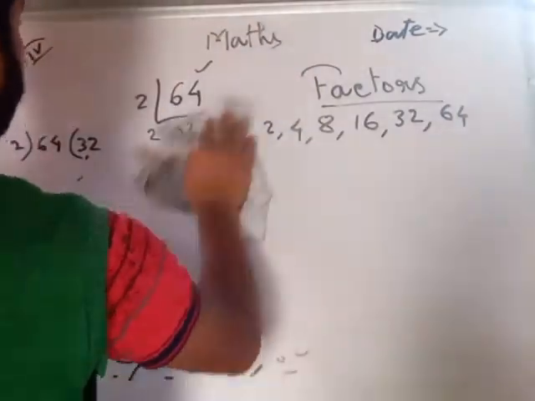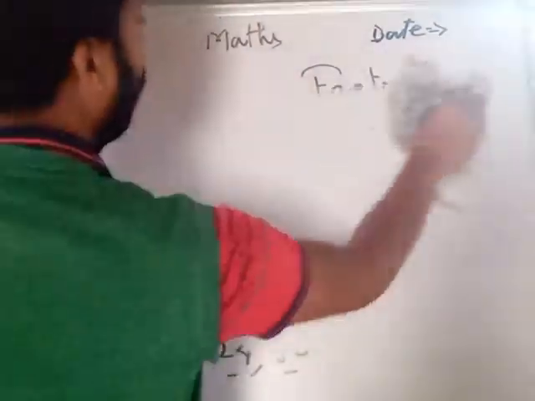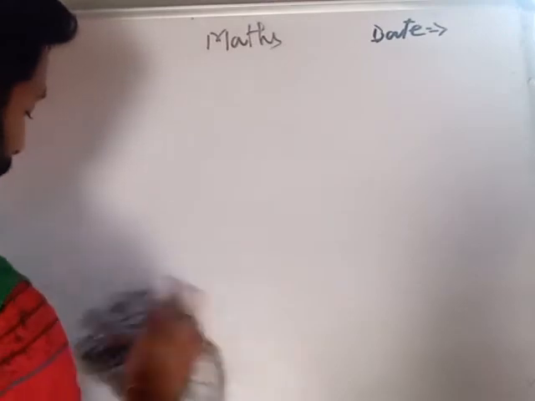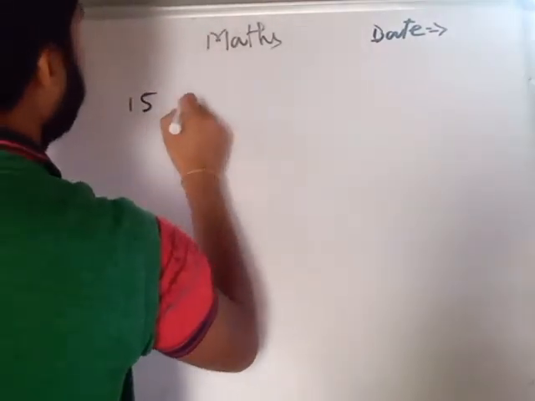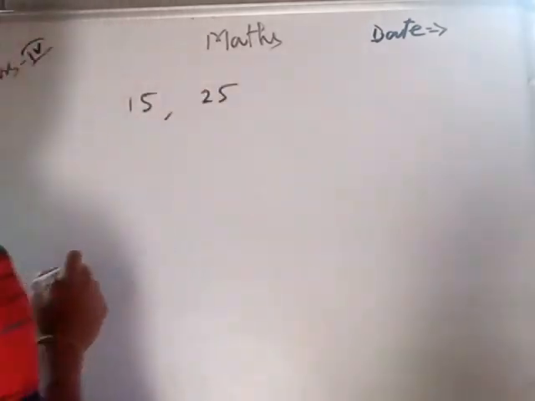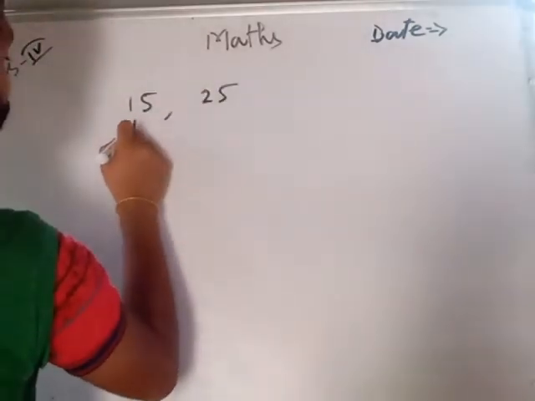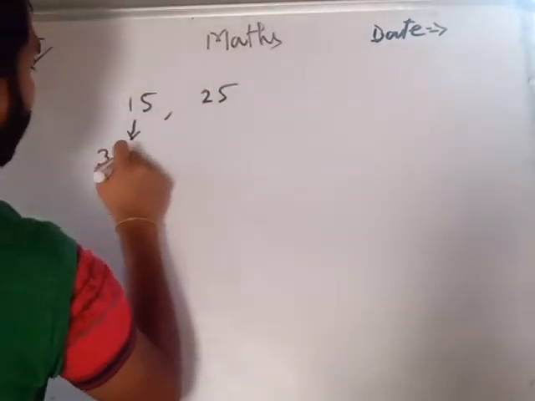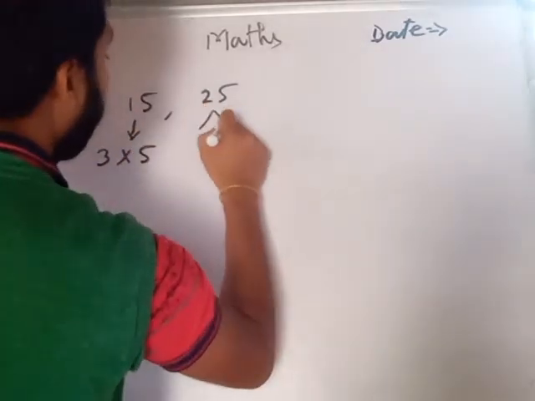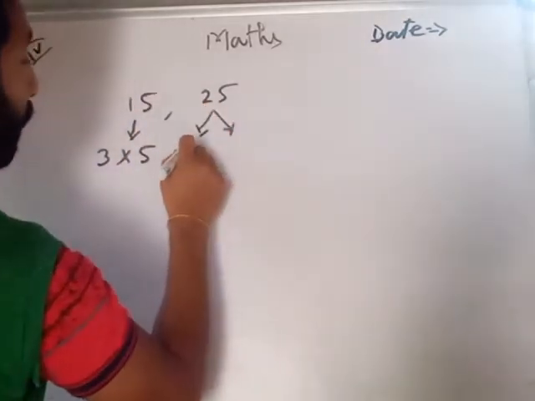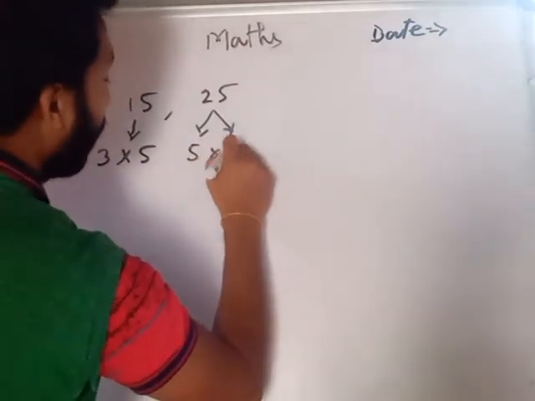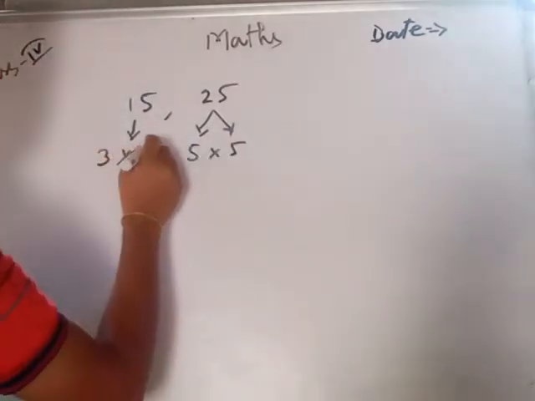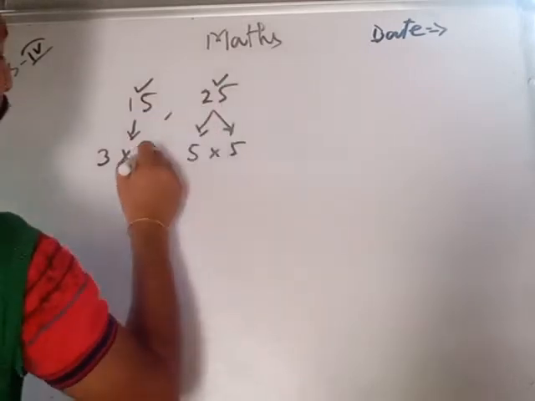Okay, factors and multiples. Common factors: suppose it is 15 and 25. Common factor means, 15 is 3 times 5. 25 also we can get by multiplying with 5. So the common factor of 25 and 15 is 5.